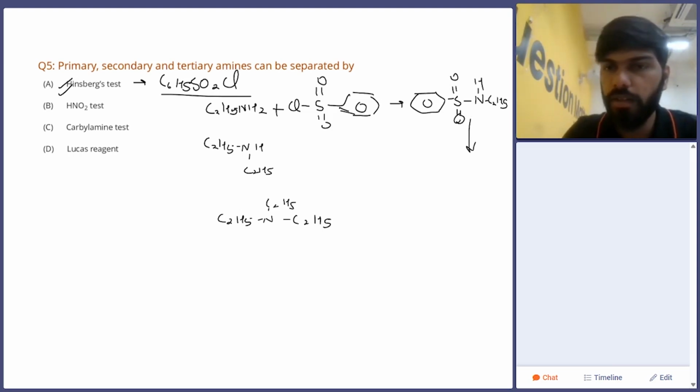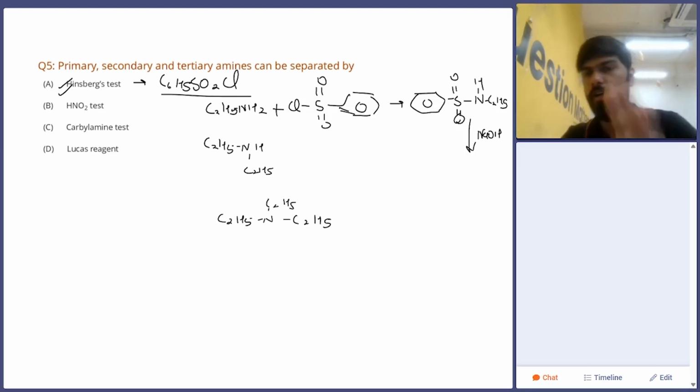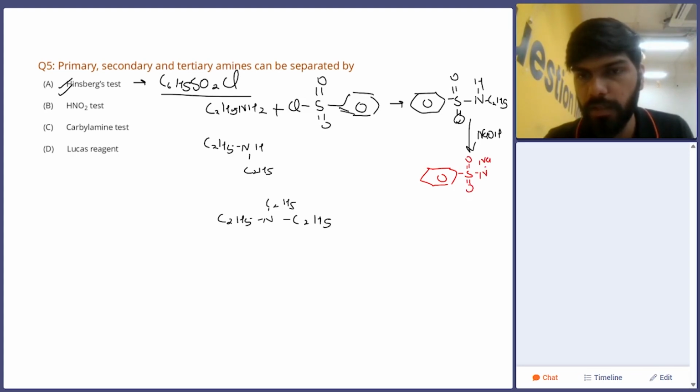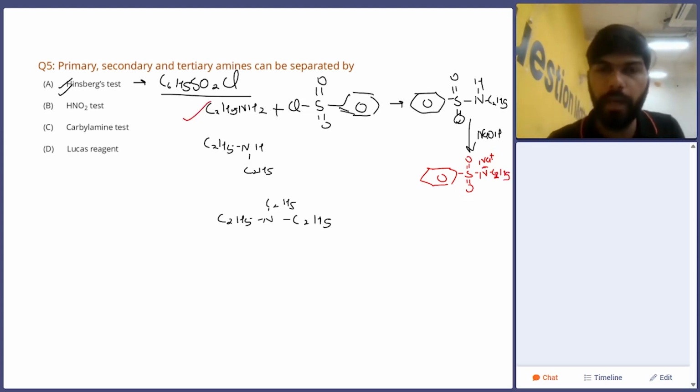Then in this reaction, if you also take a base, the base is going to abstract the acidic hydrogen. So the final product of the primary amine has S double bond O and minus Na plus C2H5. Understood? This is the primary amine test.